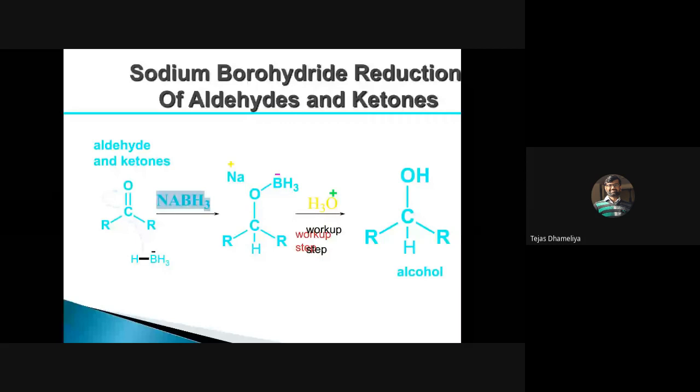They are also used for reduction purposes. We can use several of these reducing agents. Sodium borohydride is what is called a reducing agent. That is going to reduce these carbonyl compounds and it will form alcohol.